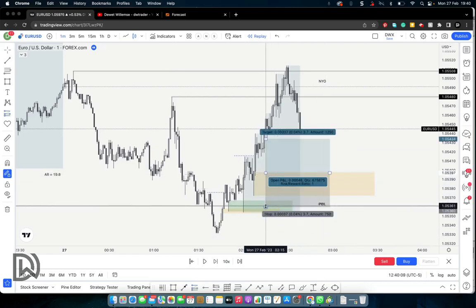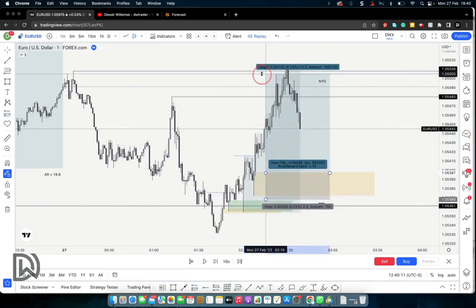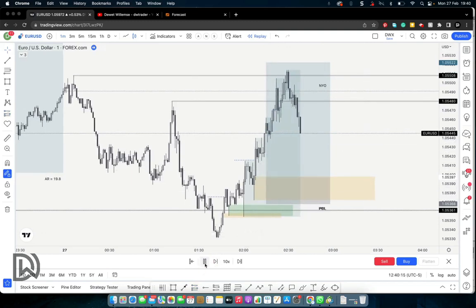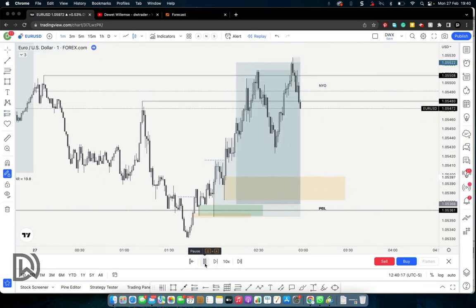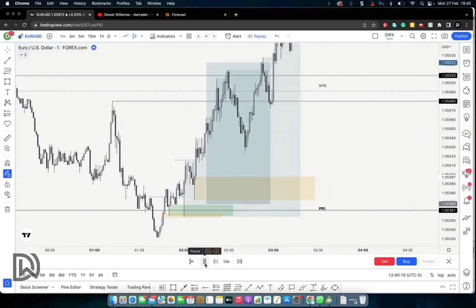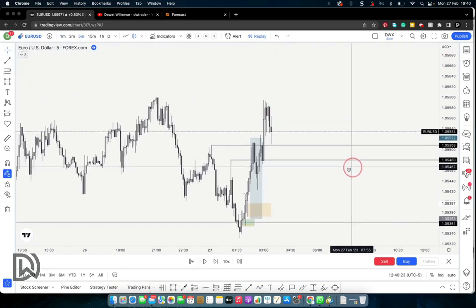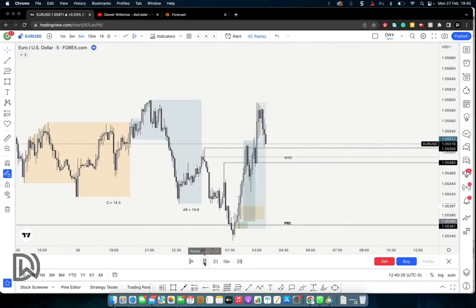That was originally my idea for the morning session, but price didn't come back. I'm not sure if it did. No, it didn't come back into that area, which was unfortunate, but we did manage to find a trade setup later in the day.